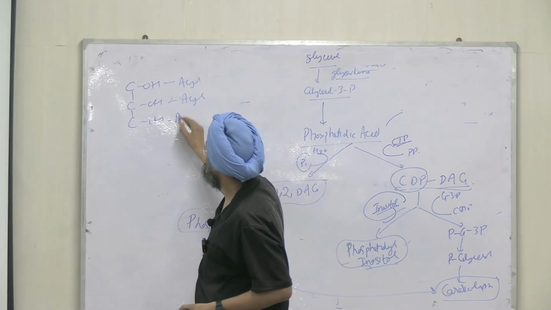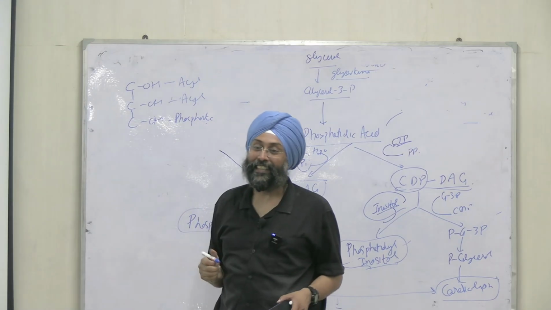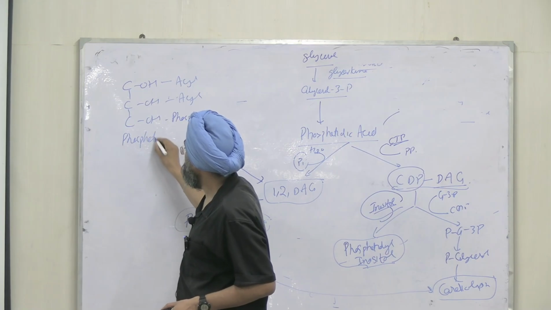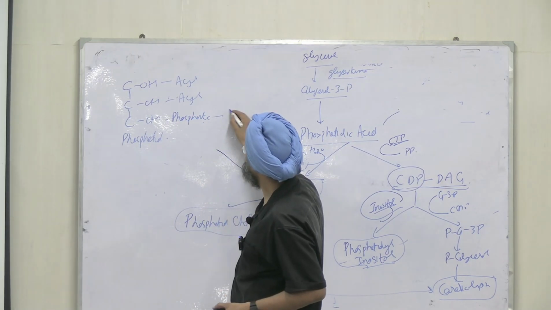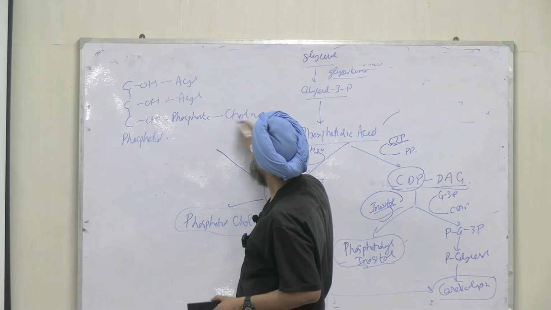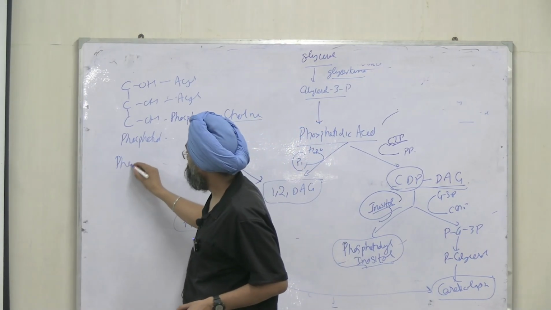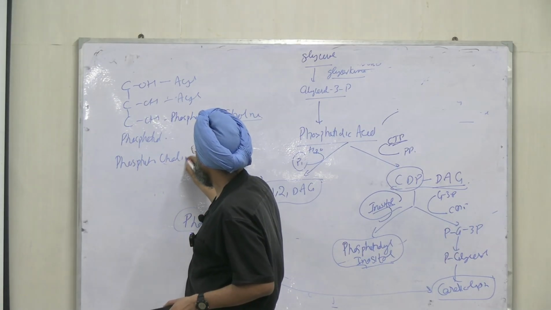I am attaching phosphate. What will we get? Phosphatidic acid. And here we are attaching another molecule, that is choline. What becomes? Phosphatidylcholine.